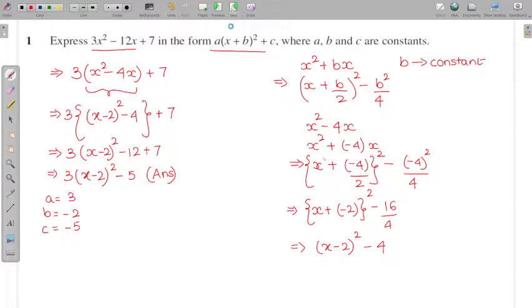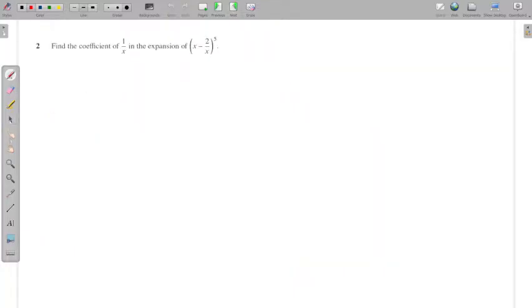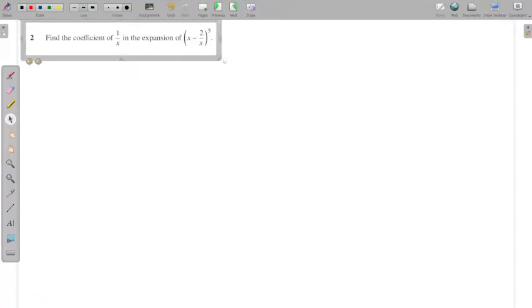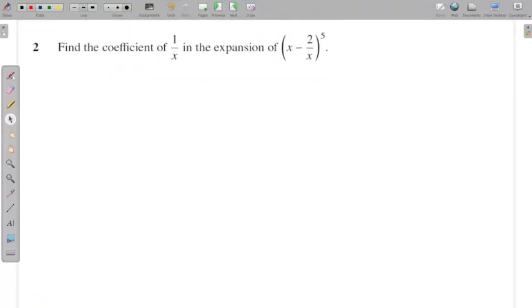So let's move on to the next one. So here we have to find the coefficient of 1 over x in the expansion of x minus 2 by x whole to the power 5. So whenever we have something like this, a plus b to the power of n, we can apply this formula, that is nCr, a to the power of r and b to the power of n minus r.